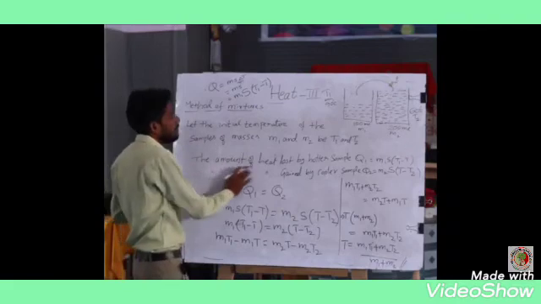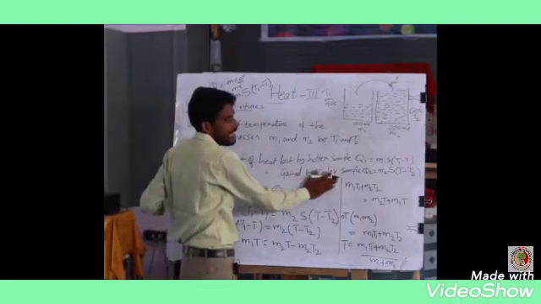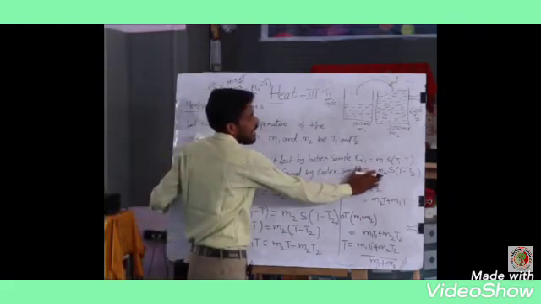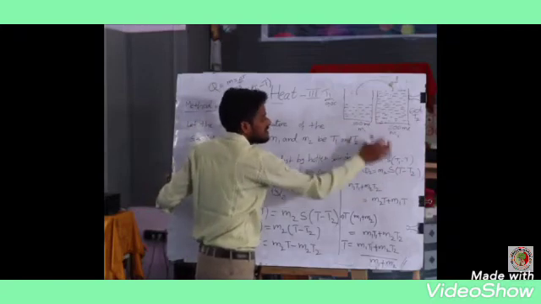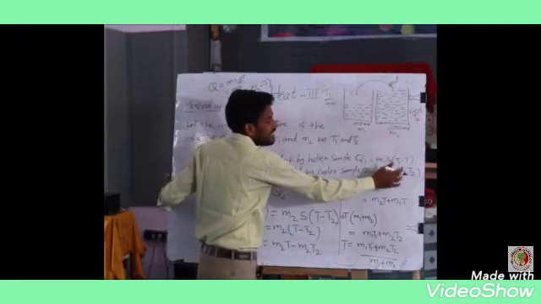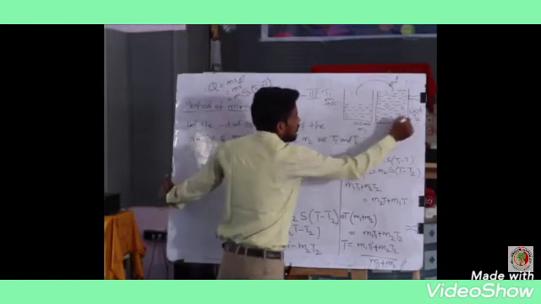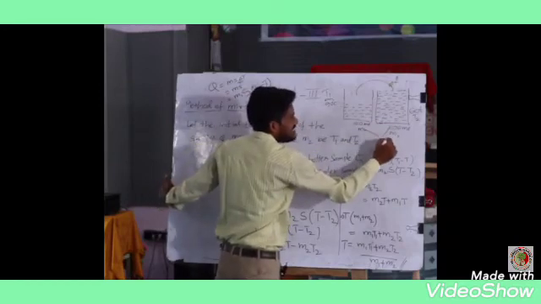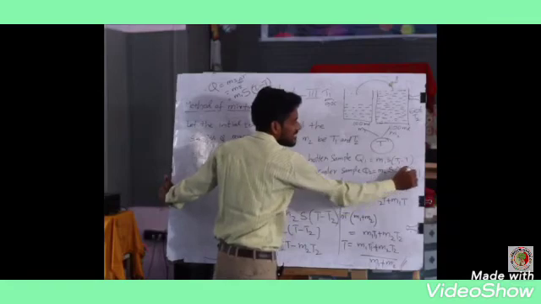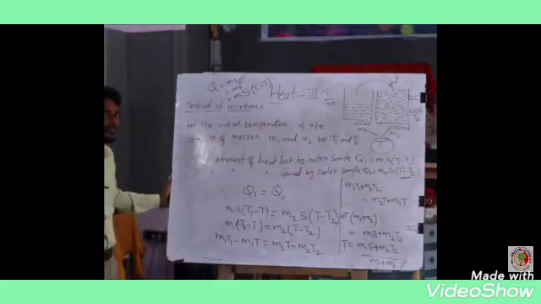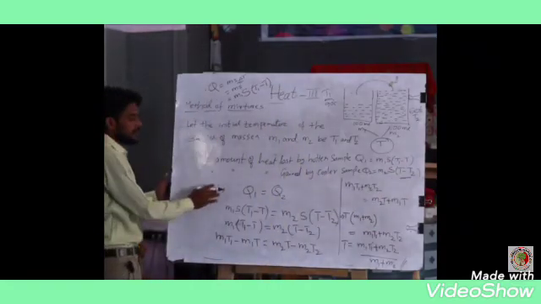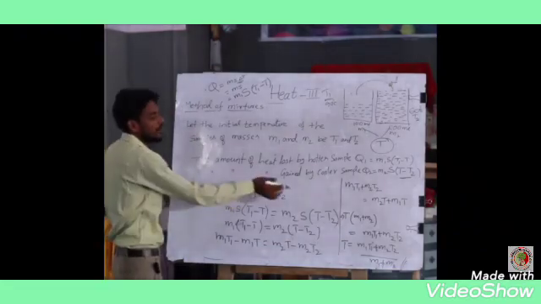Now, the amount of heat gained by the colder sample, Q2, equals M2 S times the mixed temperature T, which is greater than T2. That's why you have to subtract T minus T2. Both are the same, since Q1 equals Q2.